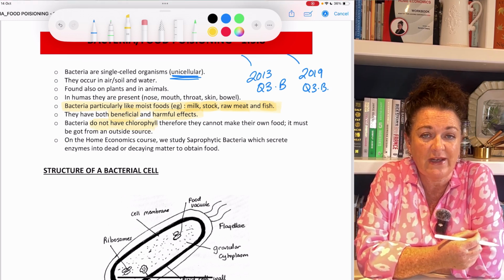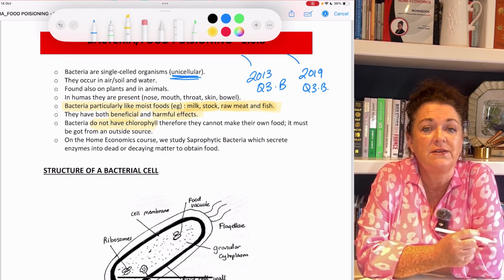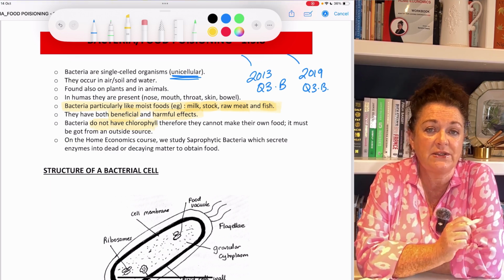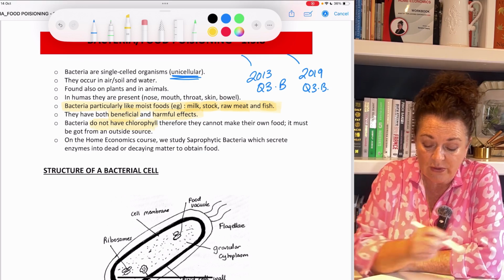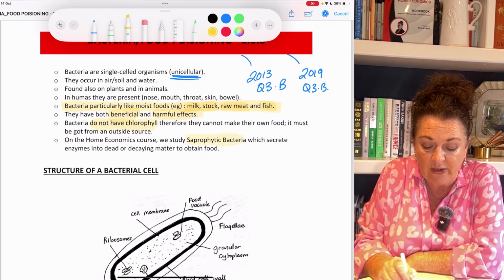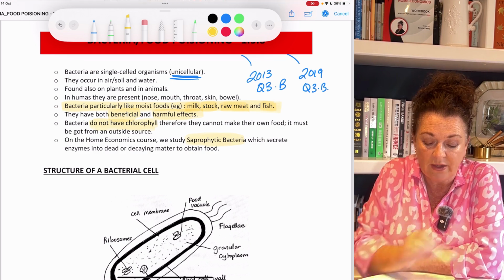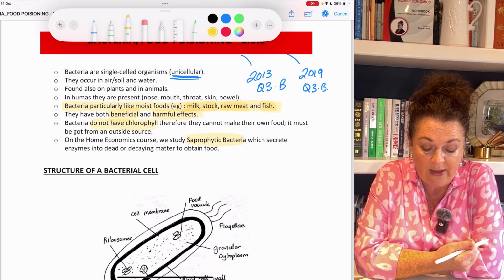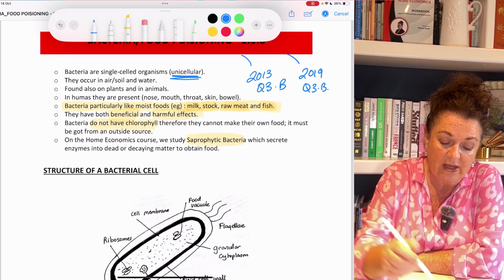Parasites are bacteria that live off living matter. Saprophytes live off dead or decaying matter. Again, this is a food-based course, so we will talk about saprophytic bacteria. So on our home economics course, we study saprophytic bacteria that secrete enzymes into dead or decaying matter.